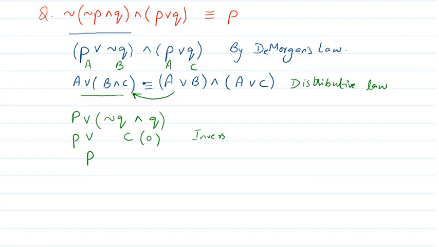Sorry, I should write the inverse law here, and let me erase it. Here I have applied the identity law. So by applying these laws or values, you are going to have the logical equivalences.